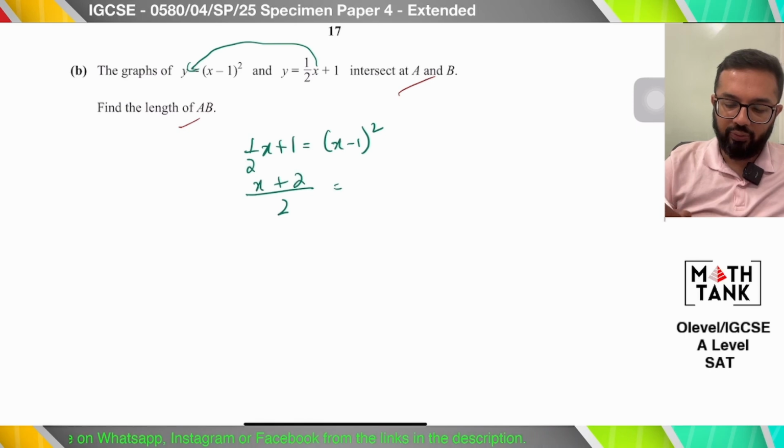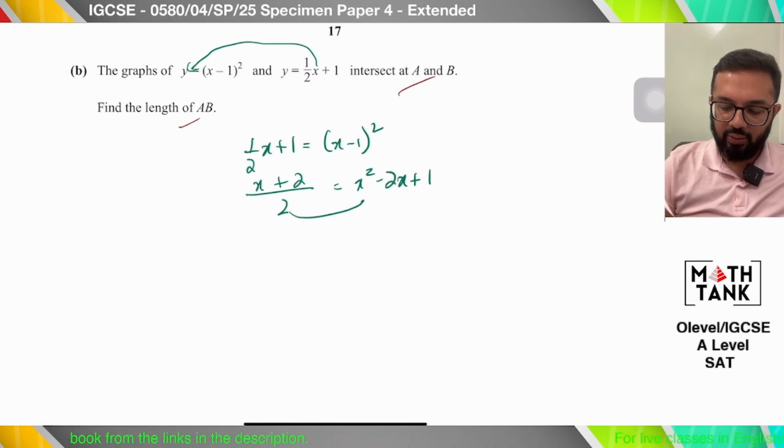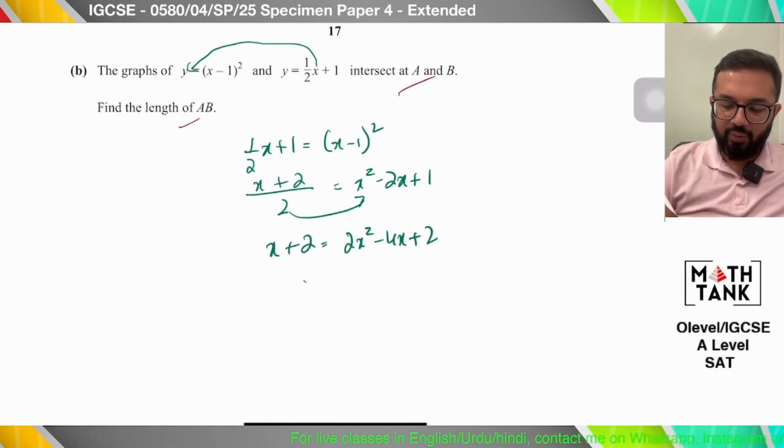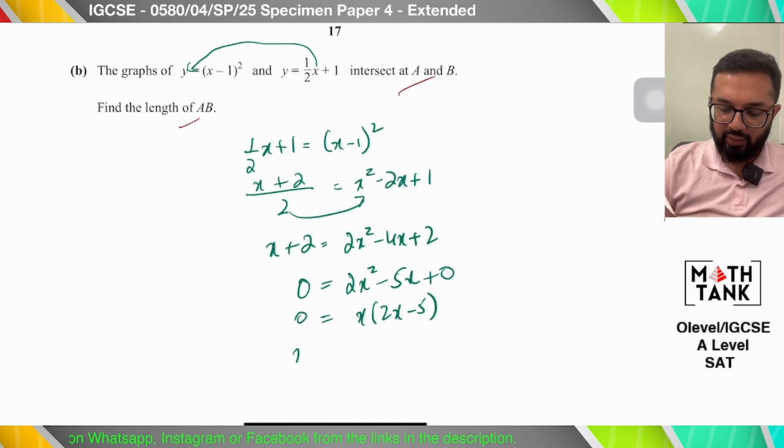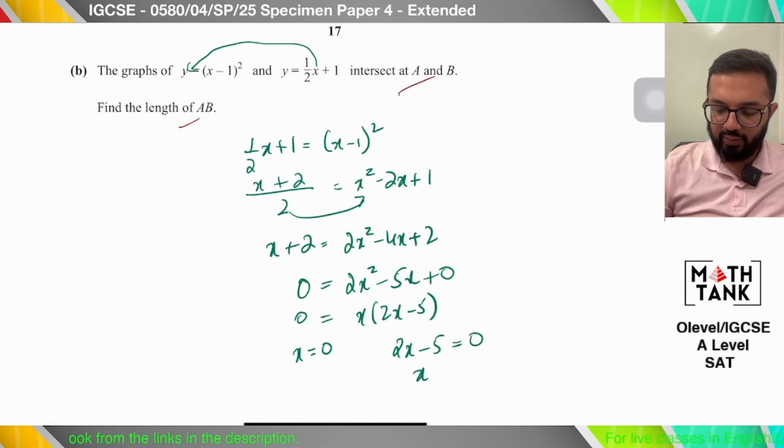I get x plus 2, x squared minus 2x plus 1, cross multiply x plus 2, 2x squared minus 4x plus 2, bring everything to one side, 0. x, 2x minus 5. Either x equals 0 or 2x minus 5 equals 0. So x equals 5 over 2, just 2 points.